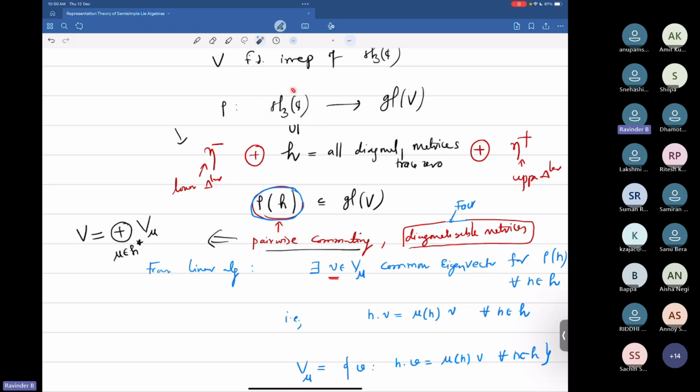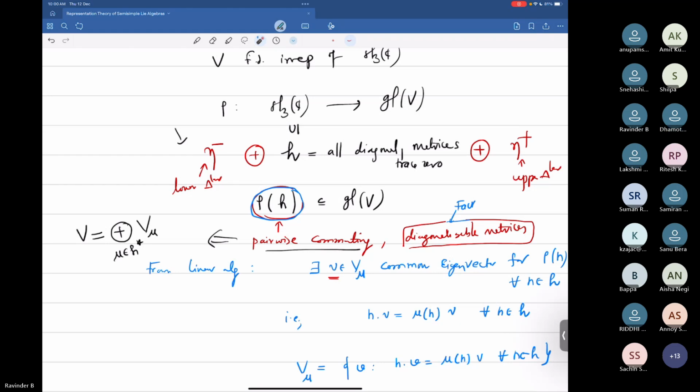Here in SL3C they're matrices, so you know what nilpotent means. But for semi-simple Lie algebras also, there's a definition. We'll see that. So for any semi-simple Lie algebra, you take a diagonalizable matrix, that image will be diagonalizable for any representation. The only thing is finite dimensionality is needed here. Is that okay? Any other questions?